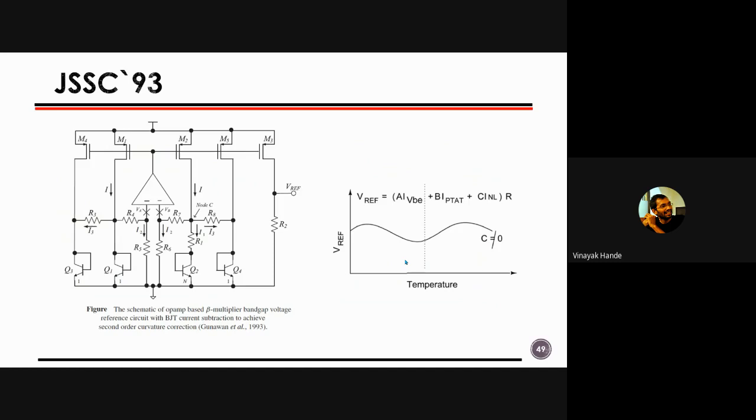Then what people do, and I'll not get into detail, I'm just giving you an overview, is they have some extra circuitry where they put this nonlinear current into the circuit, and at the end they add that current together and flow it through R2, converting the current into voltage. Previously it was like this curve, and now it is reduced to this.